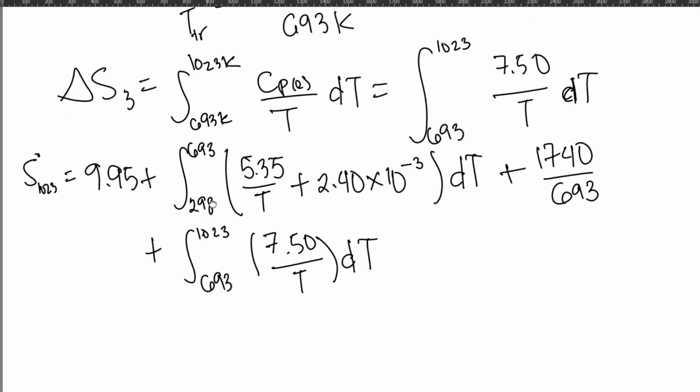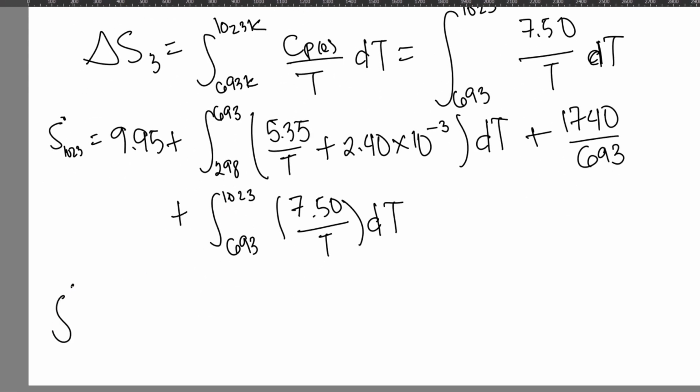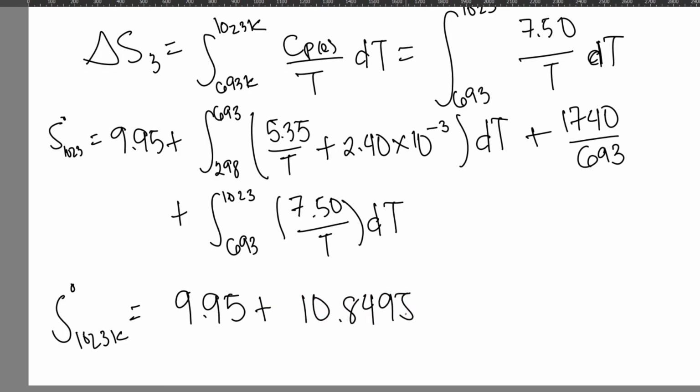Evaluating this, we get S of 1,023 Kelvin equal to 9.95 plus 10.8495, or 9.8495 plus 9.95. This is equal to 20.7795 calories per mole Kelvin.